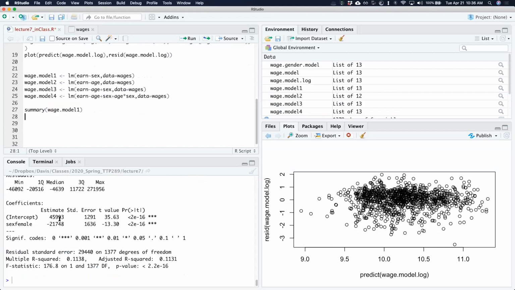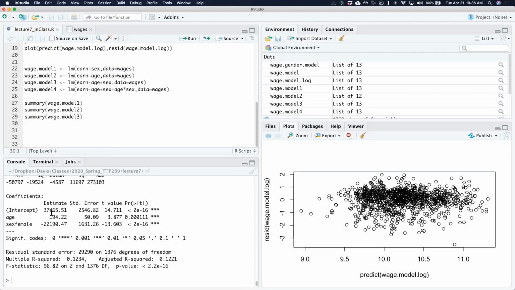So here we've looked at this. So this is just the flat lines for gender. This would be just the slope for age, saying, you know, every year you're older, you on average make $147 more. Here we have both age and gender.